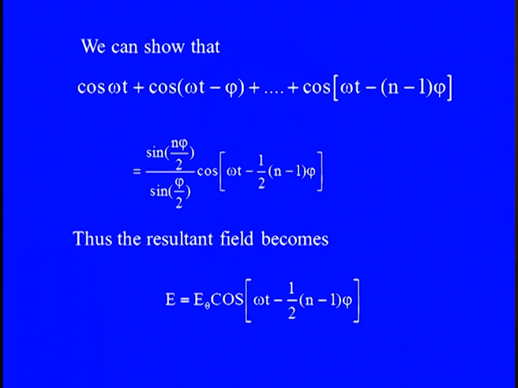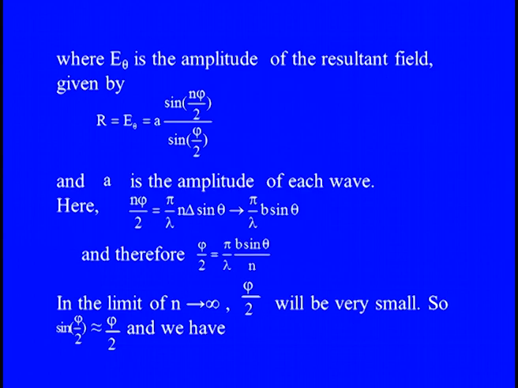Thus, the resultant field at point P becomes equal to E theta cos (omega t minus 1 by 2 (n minus 1) phi), where E theta is equal to A into sin (n phi by 2) divided by sin (phi by 2), and A is the amplitude of each wave.